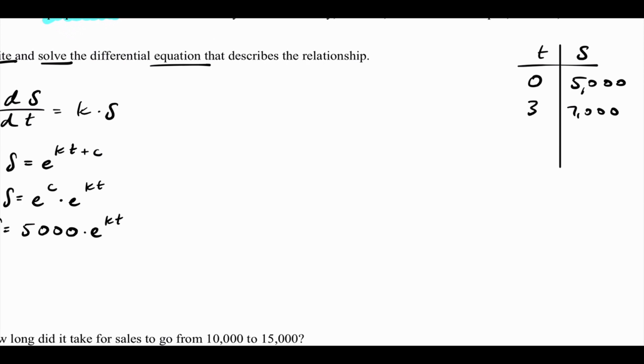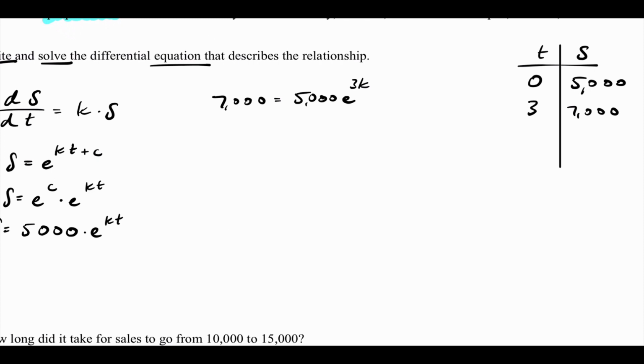All right. So now we're going to use that point to find out what K is. Okay? So everywhere there's a T, I'm going to plug in a 3. Everywhere there's an S, I'm going to plug in a 7,000. Oops, 5,000, E to the 3K, because that's in April. Okay.